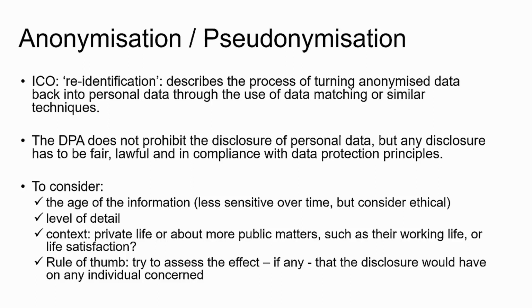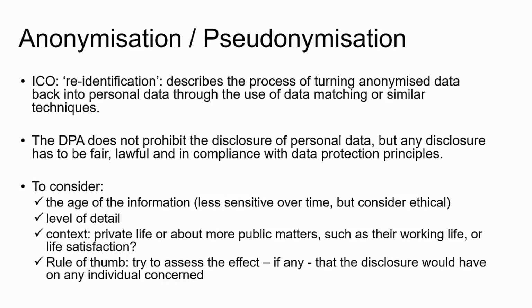So we need to keep that in mind. We also need to consider the level of detail and the context. Is the data based on the private life of that individual, or is it more about public matters such as their working life or life satisfaction information?